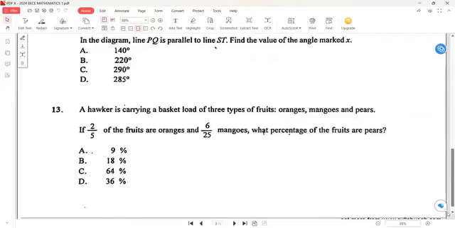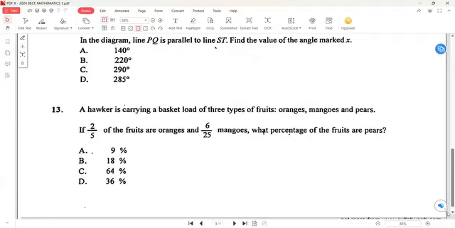So in this case, you can decide to find a percentage which are oranges and find a percentage which are mangoes. And then if you add a percentage which are pears to it, it should be equal to total percentage in this situation, which is 100%, because all the fruits in the basket are 3. So that is one way you can solve this.